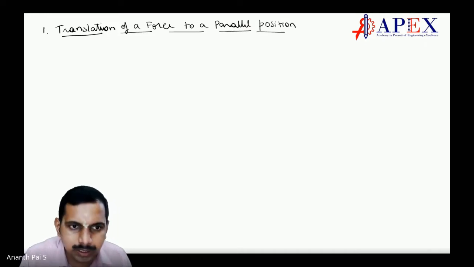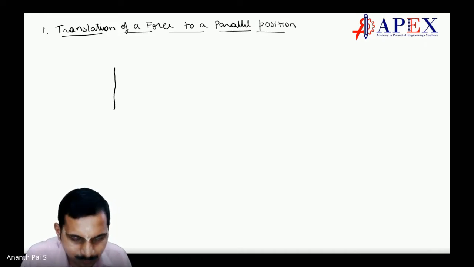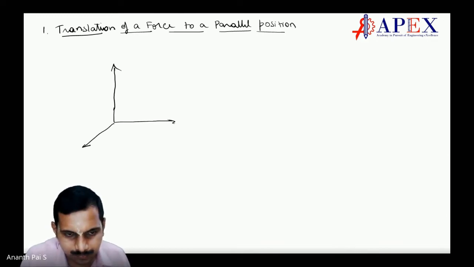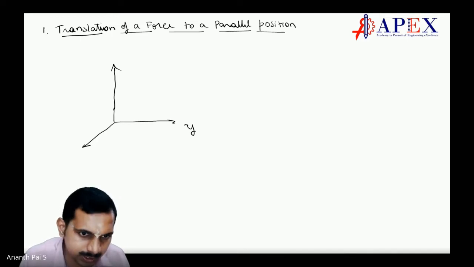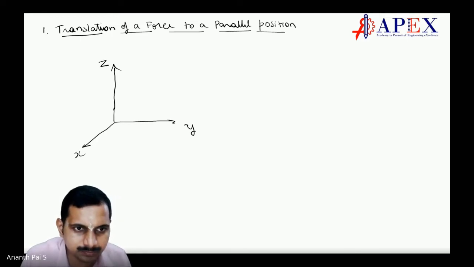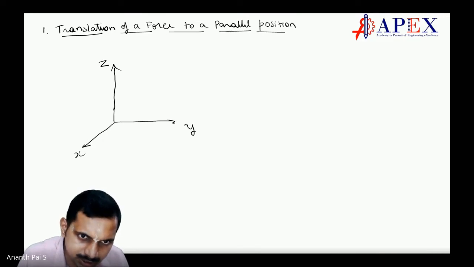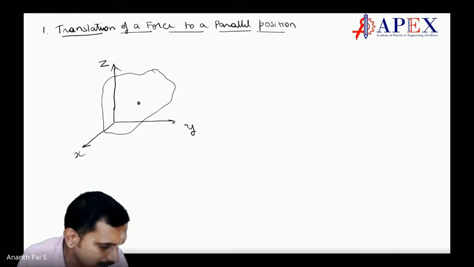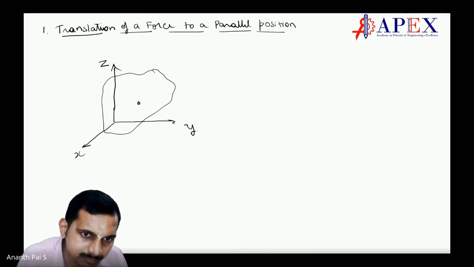Now let us consider a system here. Say this is y, this is x, this is z. Now if I consider a rigid body here, on the rigid body we will have a point here.